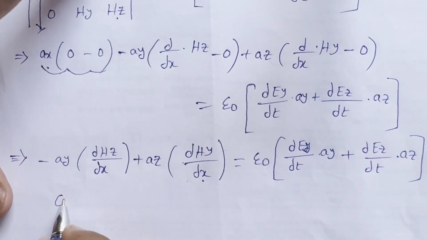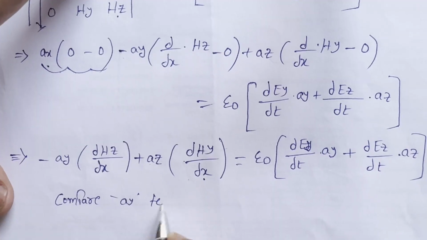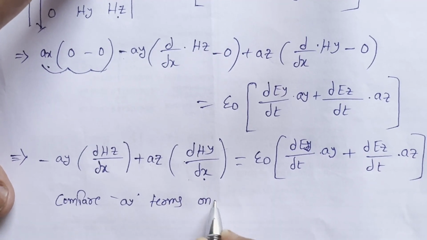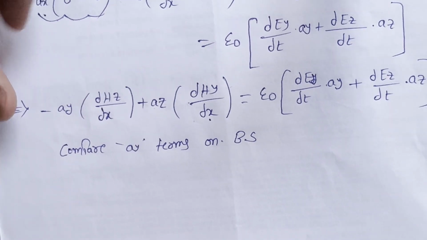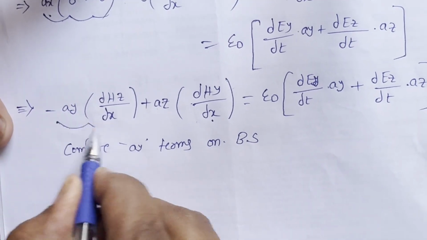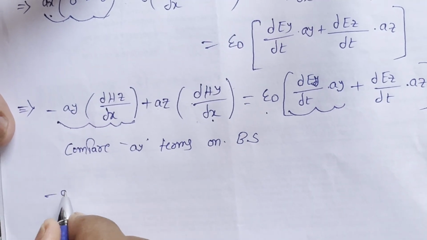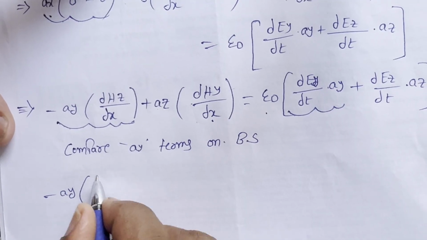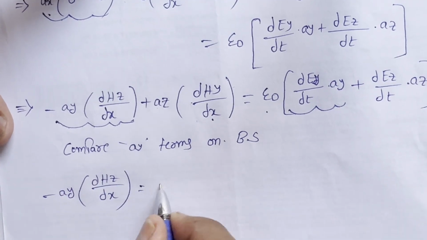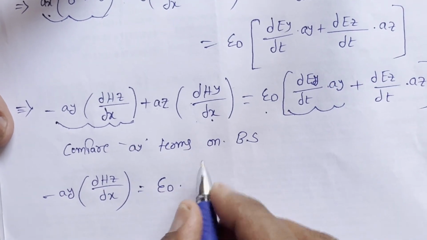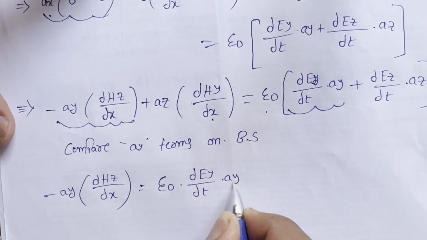Now compare the Ay terms on both sides. Here the Ay term is this one, and here this one. So minus Ay into dou Hz by dou x equal to epsilon naught into dou Ey by dou t into Ay.